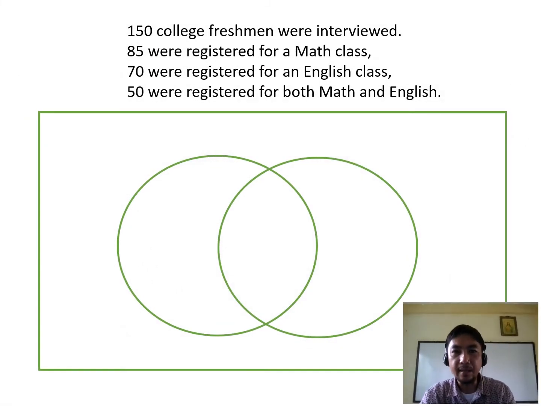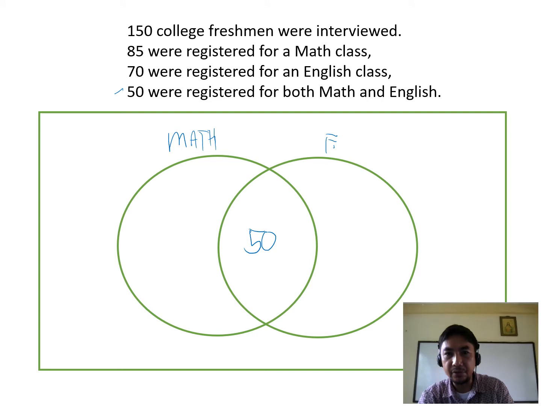So, una, ang mas maganda or mas madali, unahin muna nating ilagay yung 50 freshmen registered for both math and English because that would be the intersection. So, ilalagay natin dito 50. Then, by the way, dito po ay set ng math. Ito ay set ng English. Okay?